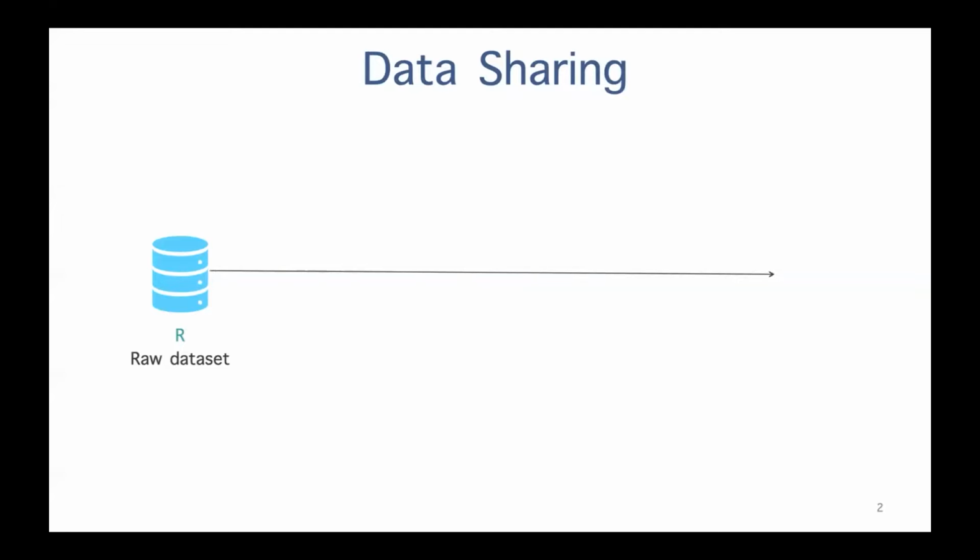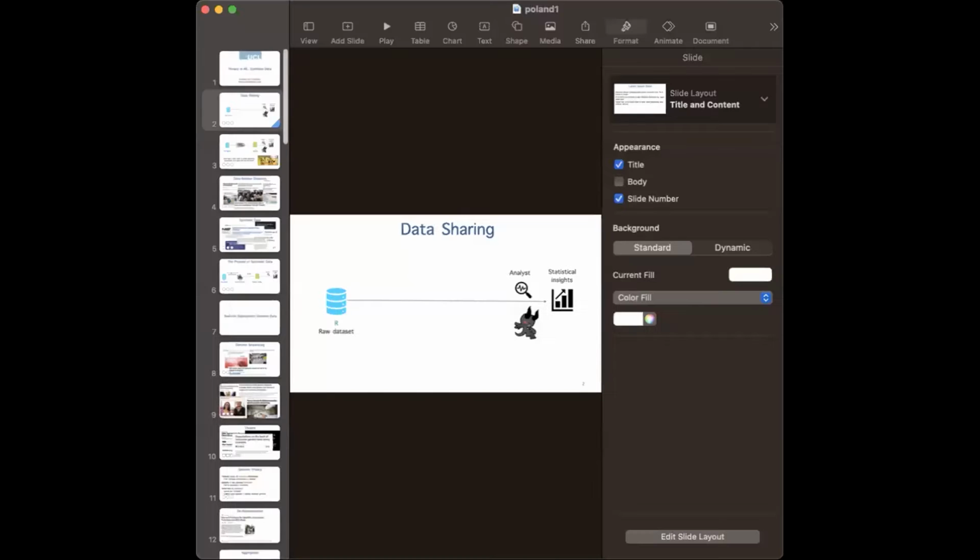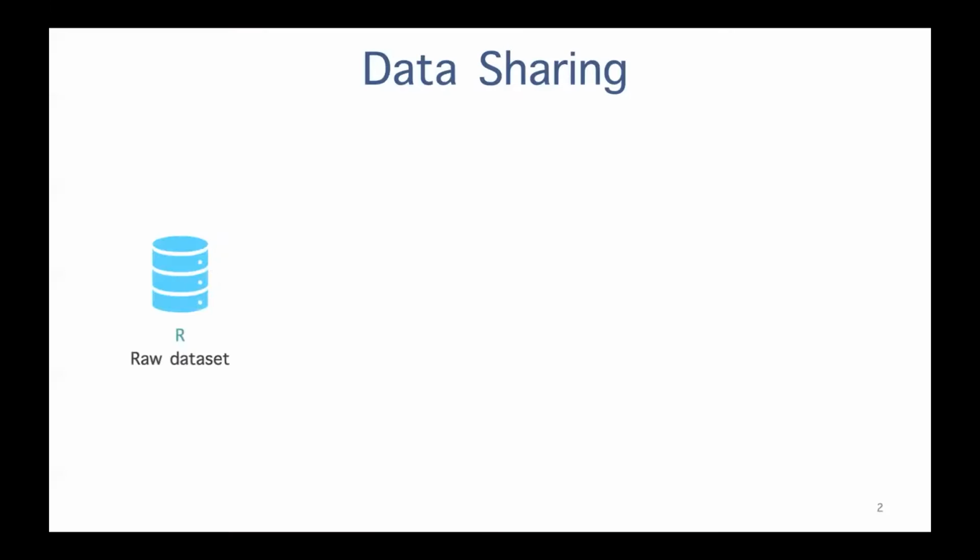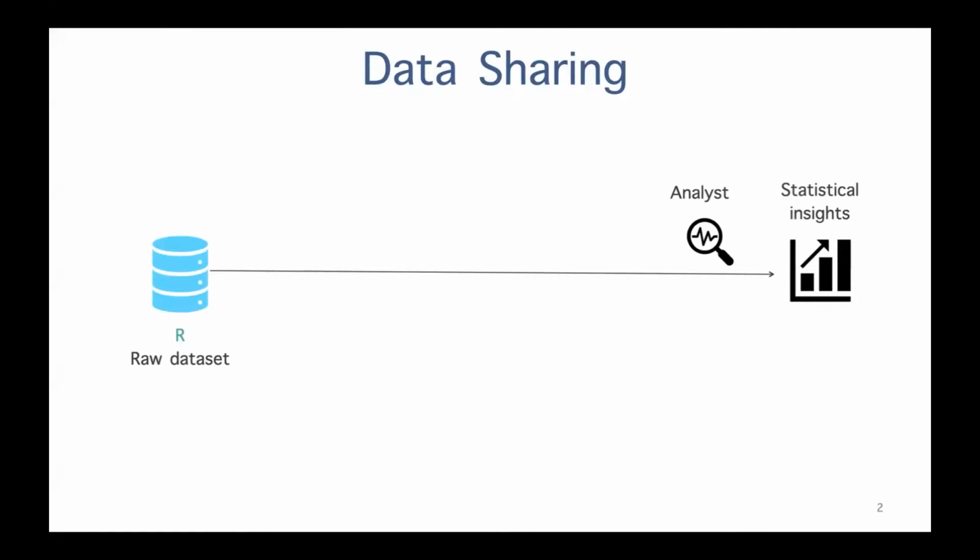So the idea would be to have a sort of magic bullet where, sorry, just let me move something. One second. Okay. Right. So the idea would be to have some kind of magic way to have an analyst extract statistical insights from raw data without endangering the privacy of the individuals, right?